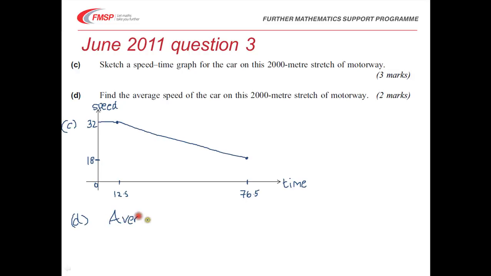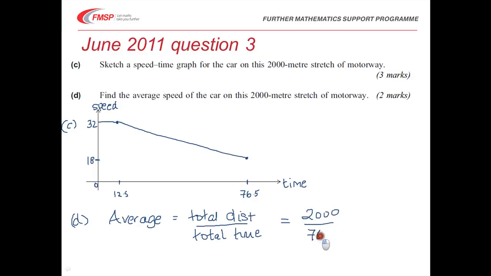Remember, the average speed is the total distance over the total time, and so we have a total distance of 2,000 metres between these two cameras, and we have now worked out that it took 76.5 seconds.